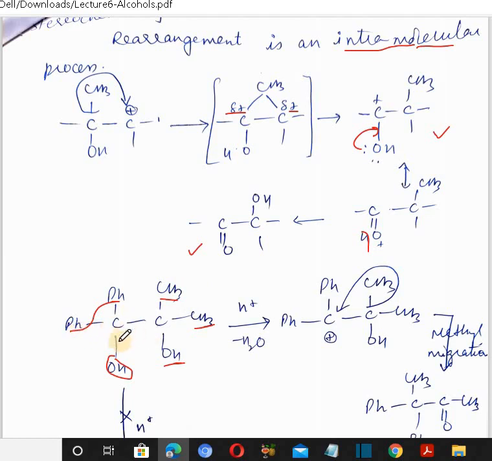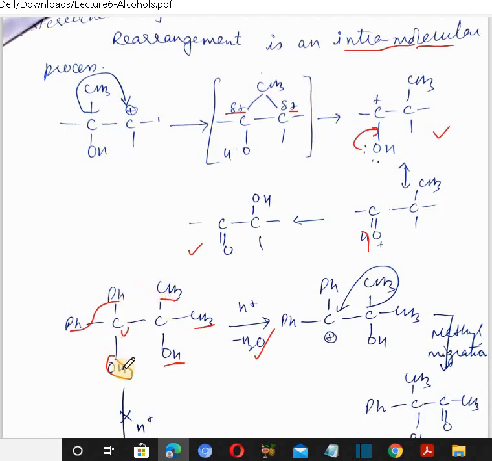So water will be removed from this carbon, that is, this OH will combine with H positive and water will be formed, and this will be removed as water, and this carbon will have positive charge. The water is removed from this carbon only because methyl groups are less bulky and can move to this carbon, but phenyl groups, benzene groups, are bulky and cannot move easily to the other carbon.